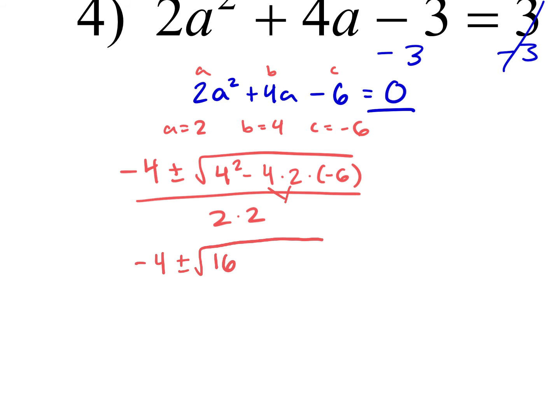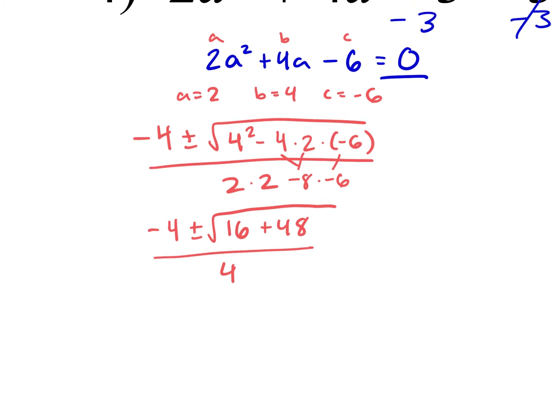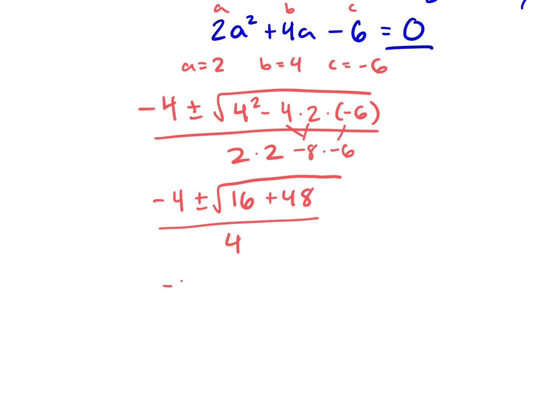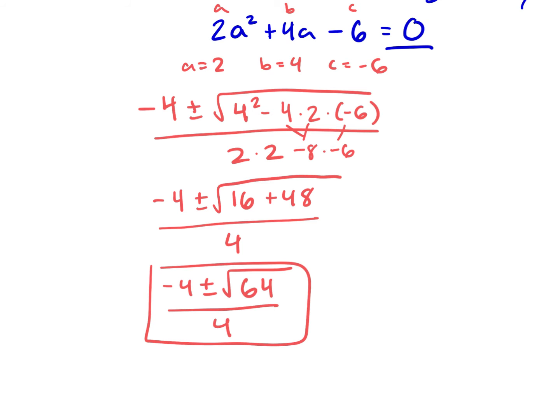What's negative 4 times 2? Negative 8. And what's negative 8 times negative 6? 48. And 2 times 2? And then last thing we have to do is add. So what's 16 plus 48? 64. Even though we know that the square root of 64 is 8, you can just leave it like this. You don't have to simplify it.